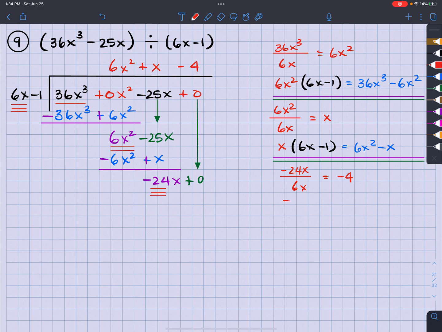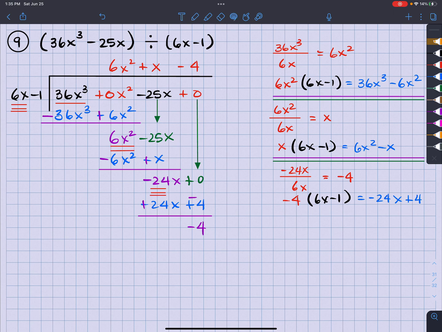Then I'm going to multiply the negative 4 by the 6x minus 1, and I'm going to get a negative 24x plus 4. Take that blue ink over here, negative 24x plus 4. Then I'm going to flip the sign. The negative 24x becomes positive, and the positive 4 becomes a negative. I'm going to add, and now I have left a remainder of negative 4.